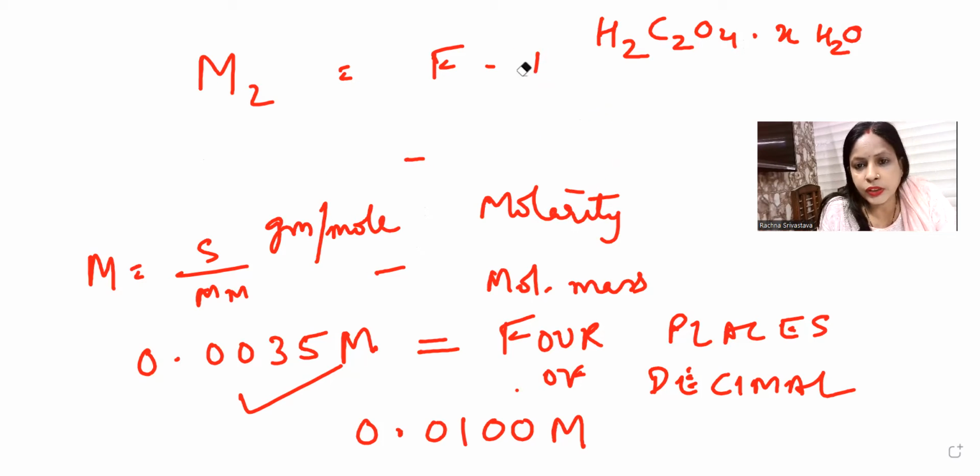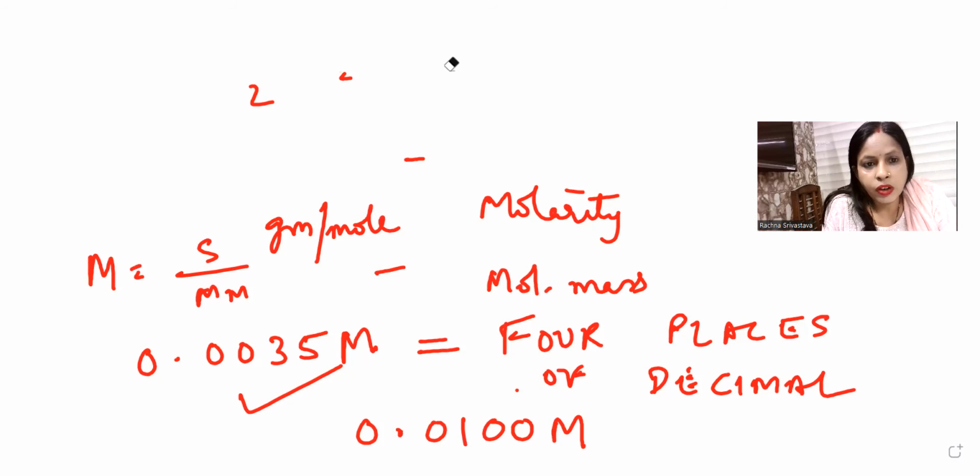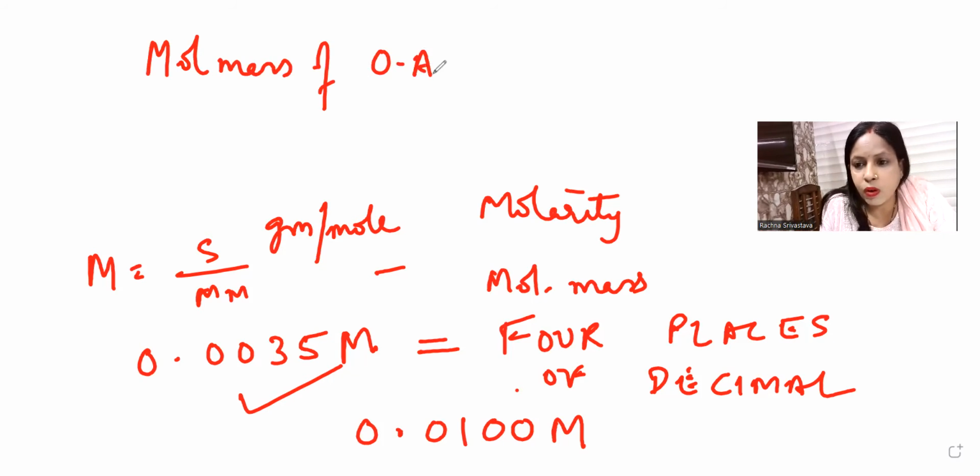Now the moment you calculate, children, your third part, you have calculated molecular mass, then you will calculate your value of X. So for value of X, again, formula is required. So you can simply write molecular mass of oxalic acid, because I don't know what code they have mentioned in your question paper. Because I am not knowing the code, therefore I cannot use it. So suppose A1, C1, C2, C3, C4, whatever is written, accordingly you will be doing.